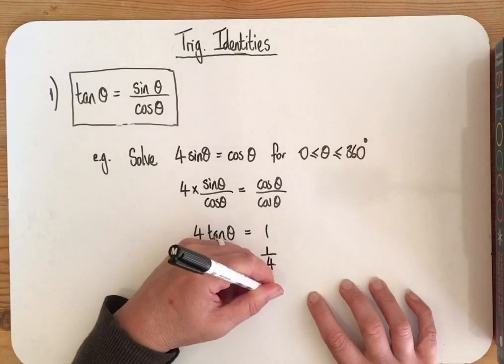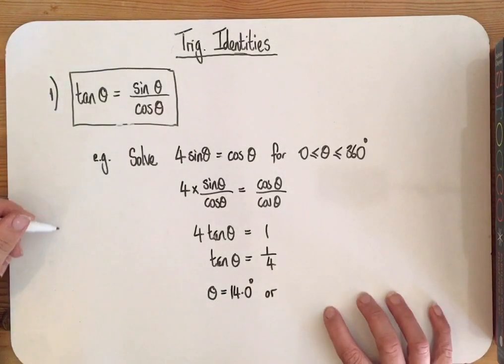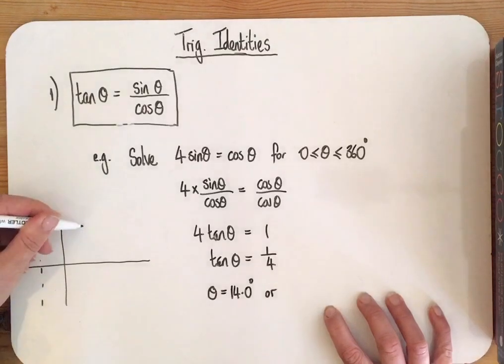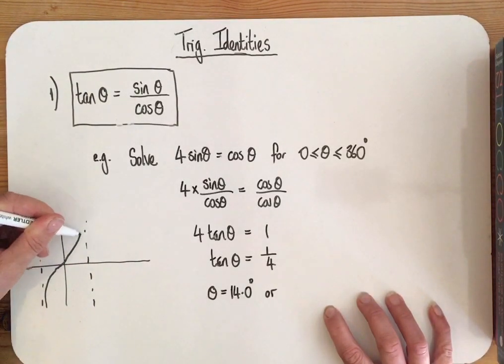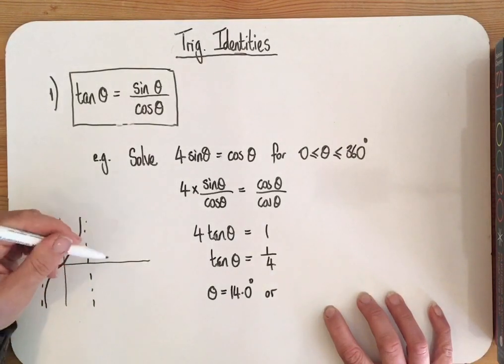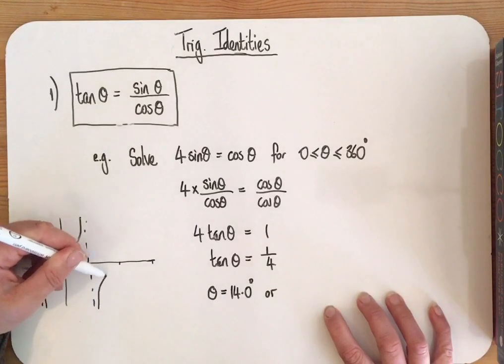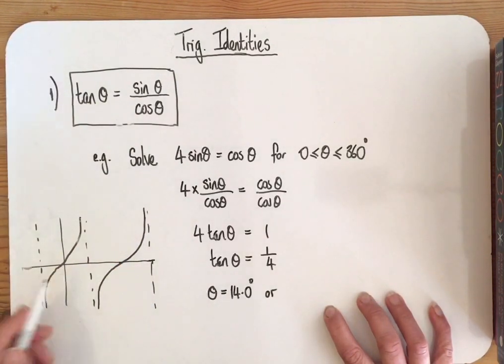And then on the tan curve, you don't really need to work with the sketch, because if you think about what happens with tan, it just repeats every 180 degrees. So to find the next solution along, you can just add 180.